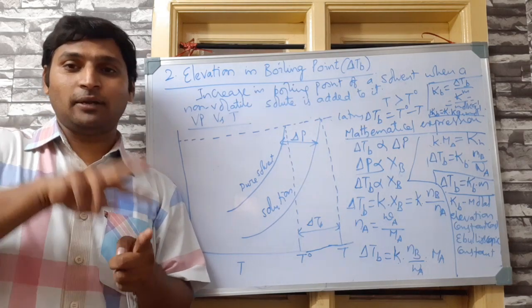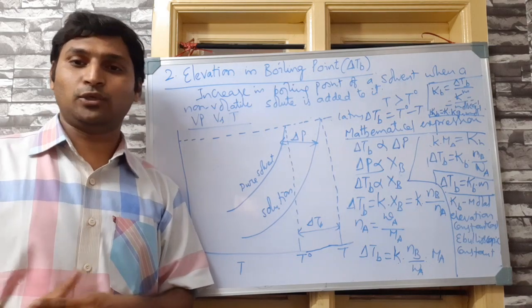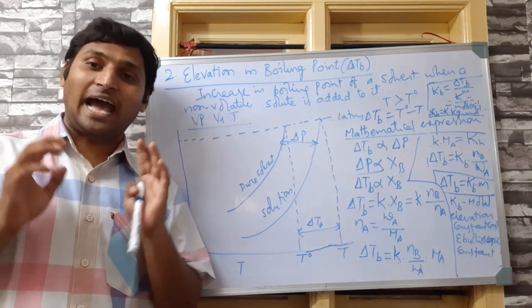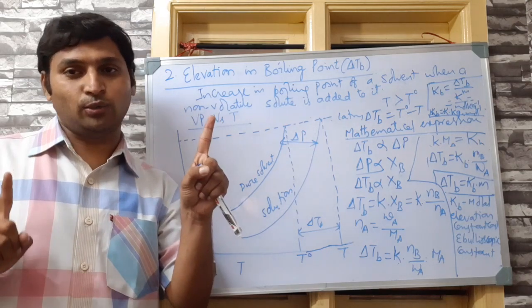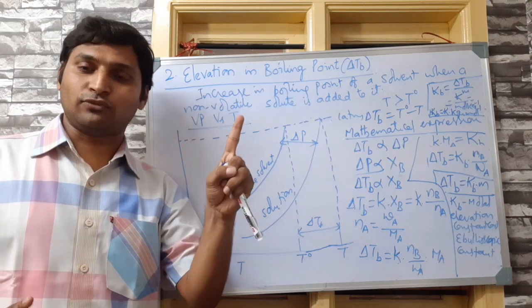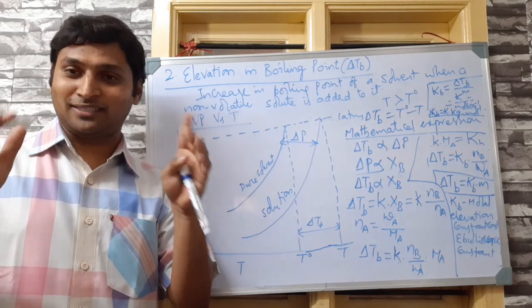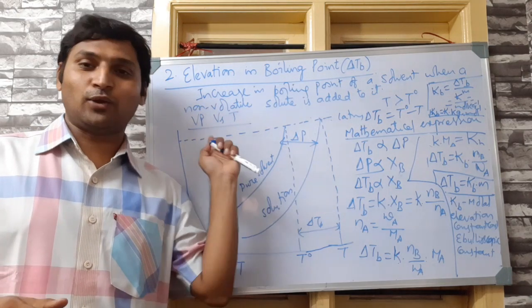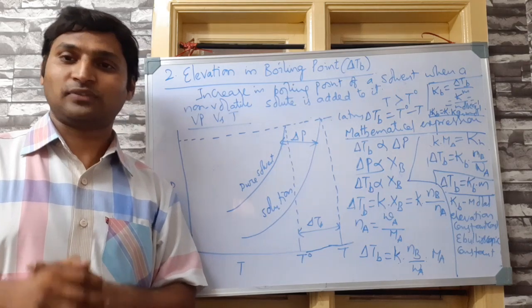Then I need the relation between molar mass of solute and elevation in boiling point, right? That we are going to derive. I have already told you a guaranteed 3-mark question comes for the relation between molar mass of solute and colligative property. Already we got a relation between molar mass of solute and relative lowering of vapor pressure, RLVP, sorry. Then we are going to get a relation between molar mass of solute and delta Tb also. Let us proceed.